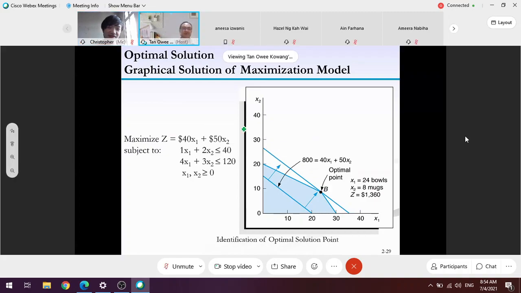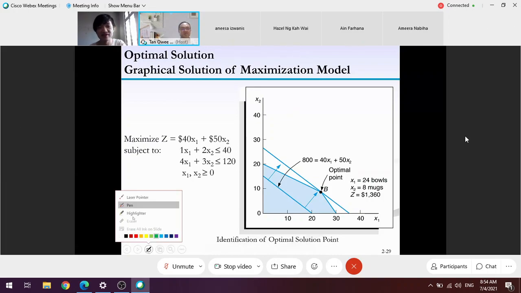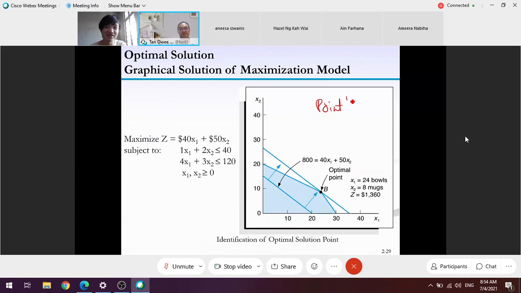This method, we call the point method. Some of the students don't like it because it's a bit laborious. You need to draw the line. But I want to explain this because in chapter 5, you must understand this concept. Then it will be easier for you to understand chapter 5. Okay.